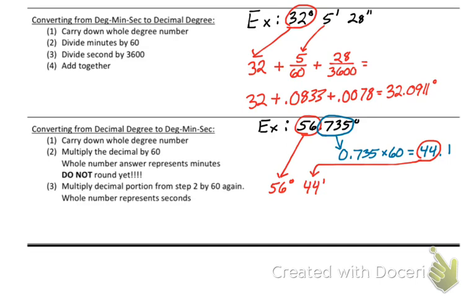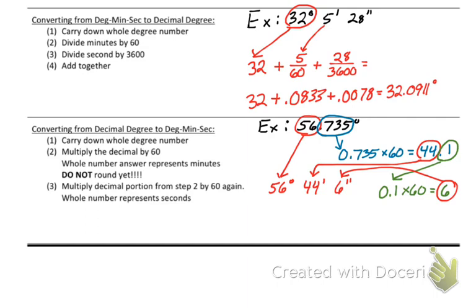Now all we have left is that 0.1. So we're going to take that 0.1 and multiply that by 60 again, which equals 6. That 6 right there is now going to be your seconds. This is the only time you round.